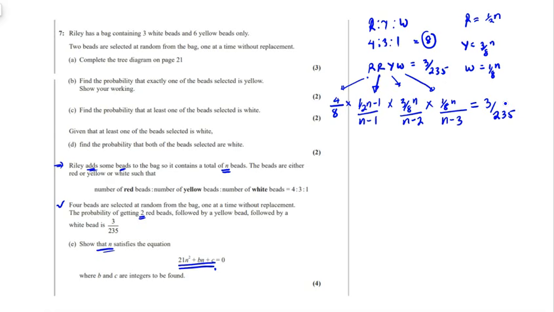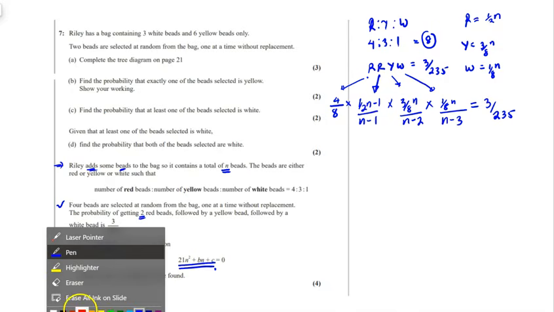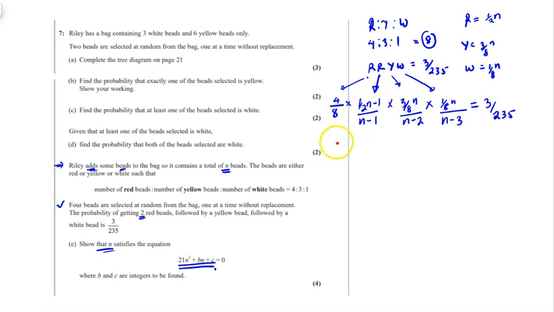Now we need to simplify this algebraically. How do you simplify this? Let us try our algebra skills here. I simplify this into a half, and when you add this, you end up with n minus 2 over 2, all over n minus 1.